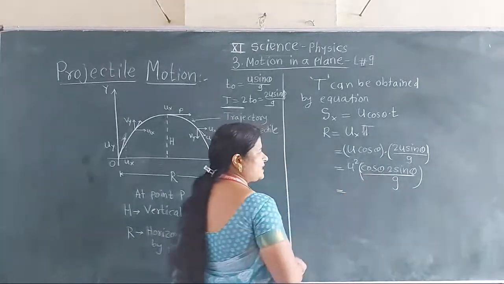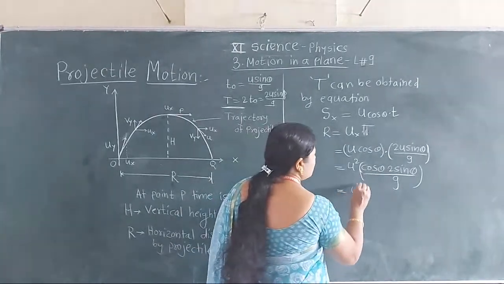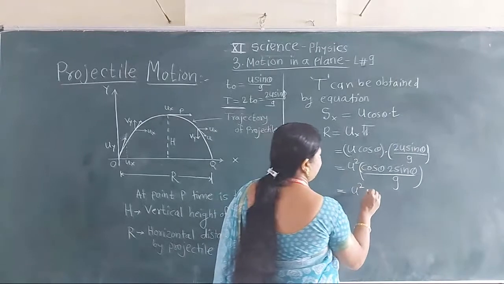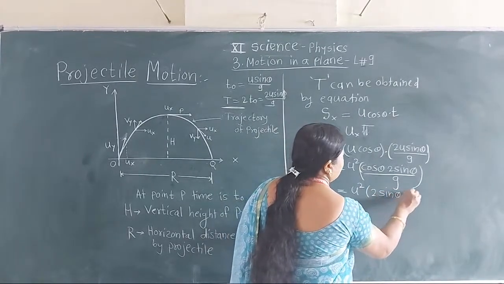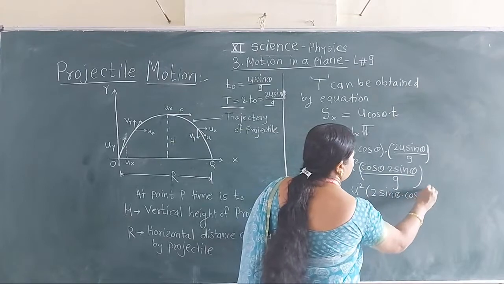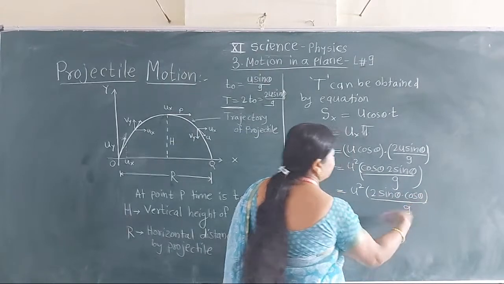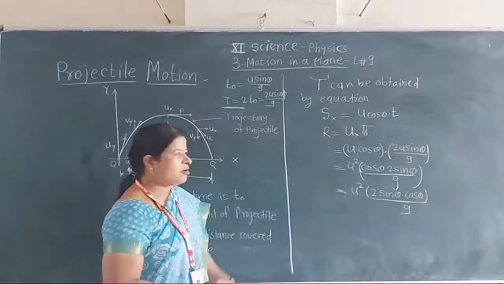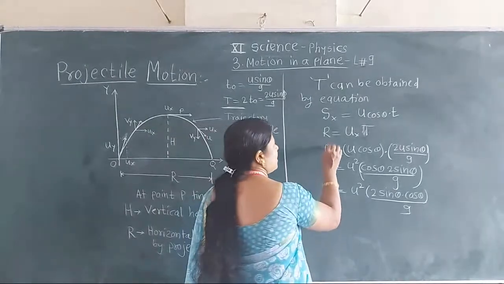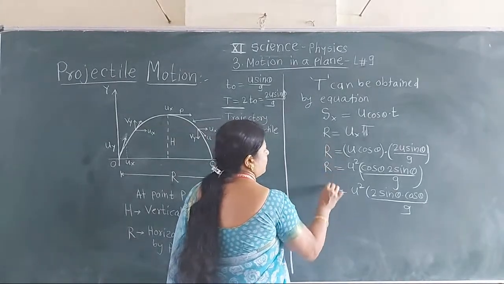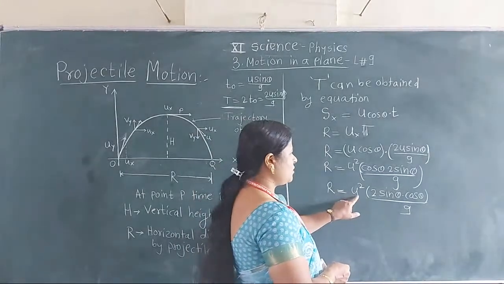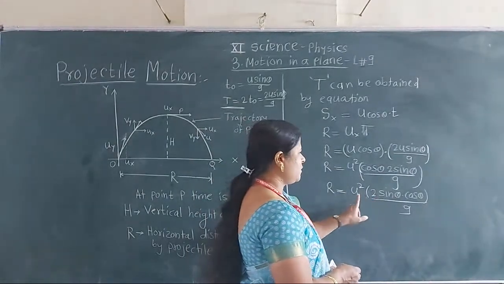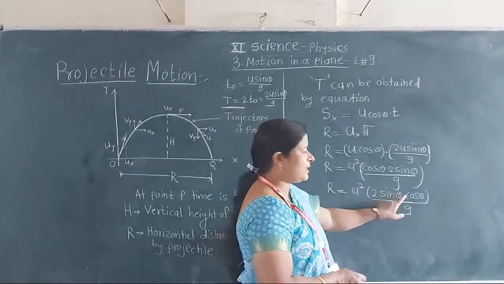We can rearrange this term as u square into 2 sin theta into cos theta divided by g. We have to find the equation for the range. So we get R is equal to u square twice sin theta cos theta divided by g.